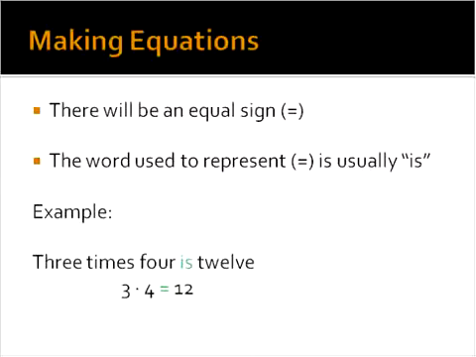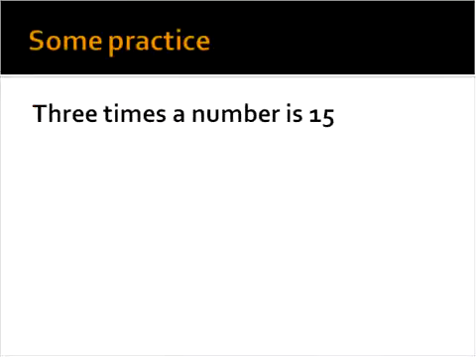That would be a sentence, and then in math we would write it out like this: 3 times 4, and the is the equal sign, 12. That's the main difference between expressions and equations. When we're writing equations, it's going to have an equal sign, and you'll have numbers and variables, or a combination of both, on either side of that equal sign. So hopefully this sounds a little bit familiar. Let's practice a little bit.